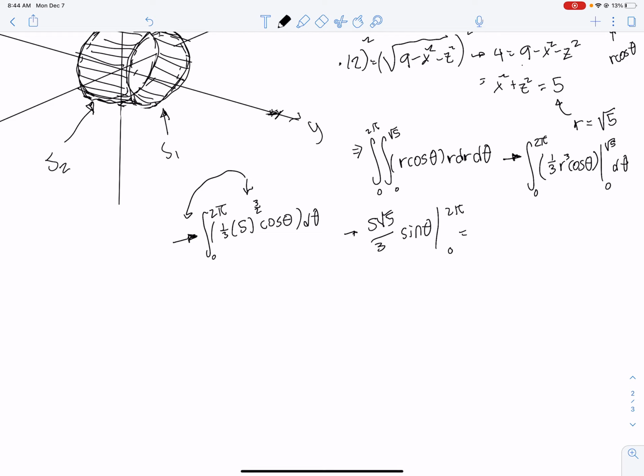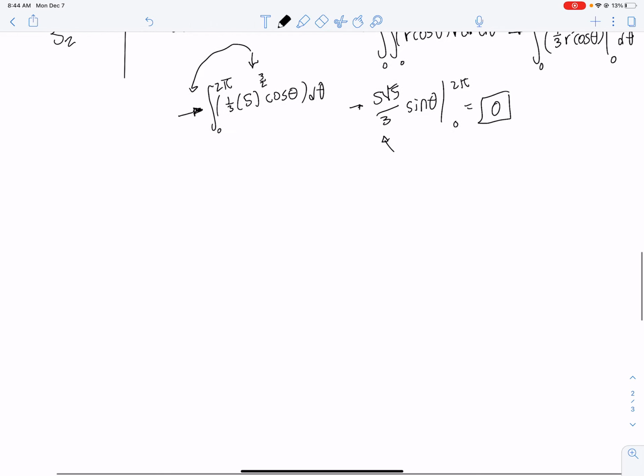And sine at 2 pi and sine at 0 are both equal to 0, so this is essentially making the whole thing 0 for our surface 1.